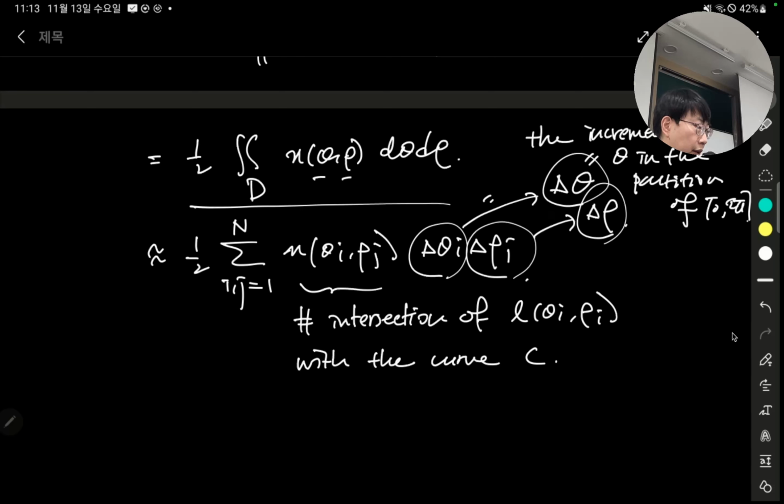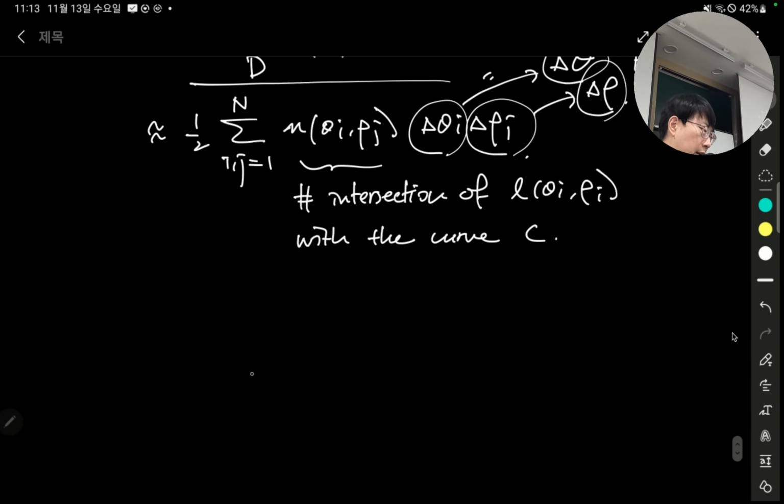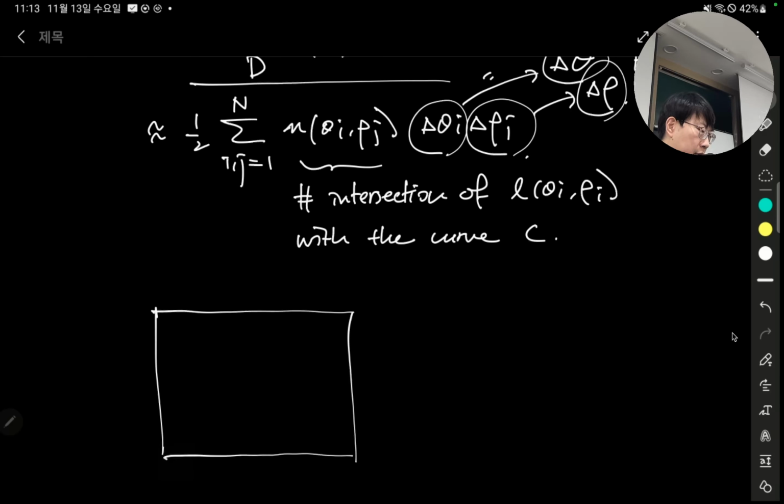Now, as I said, our objective is that when we have a curve on a certain rectangular region, like a random curve, whatever, we want to find its length.